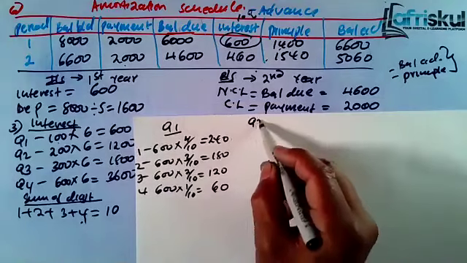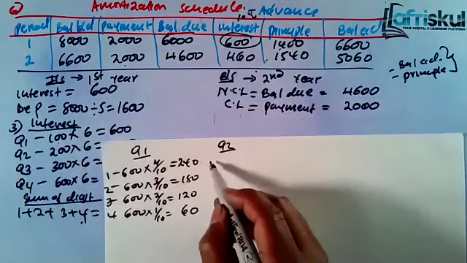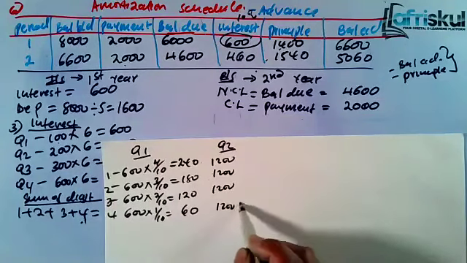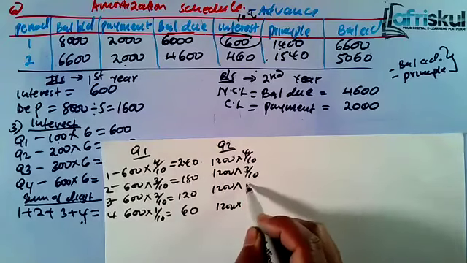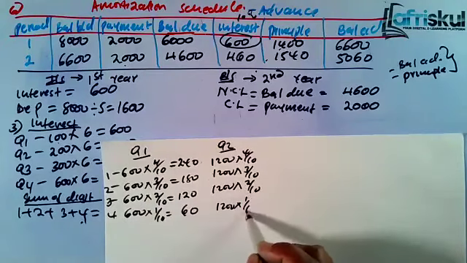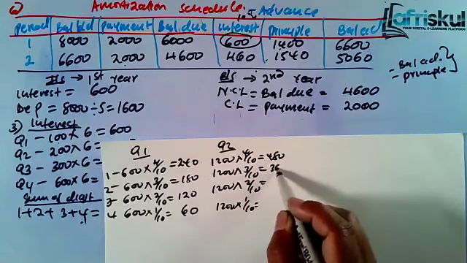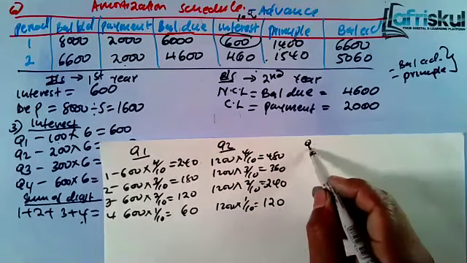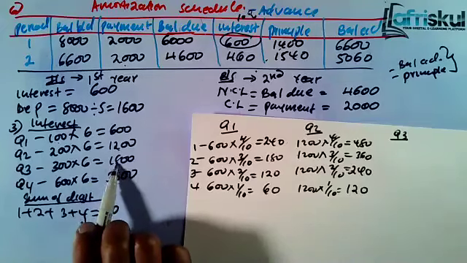Let's go to quarter 2. You see quarter 2, our total interest was 1200. So it will be 1200. Then you multiply by 4 over 10, 3 over 10, 2 over 10, 1 over 10. This one will get 480, 360, 240, 120. We go to quarter 3. For quarter 3, the total installment interest was 1800.